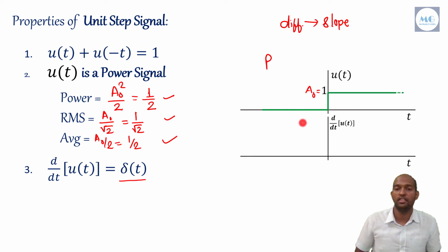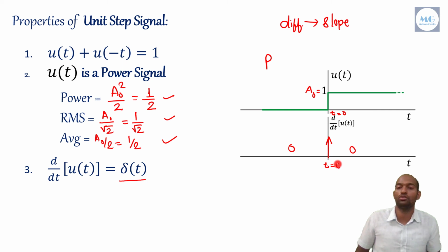So this part is 0, and it is also constant for t greater than 0, so here also its value will be 0. But at t is equal to 0, it is discontinuous and its value is changing abruptly. That's why its value becomes an impulse signal.